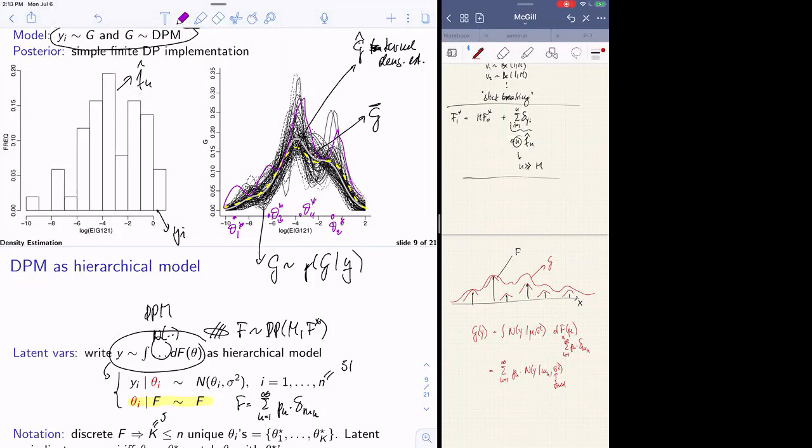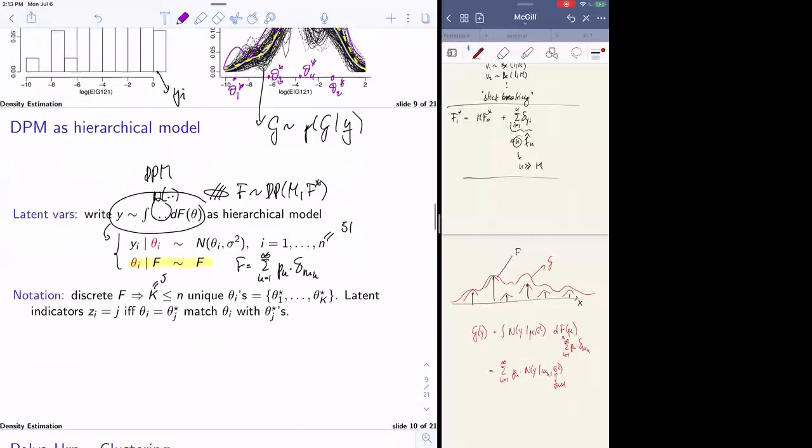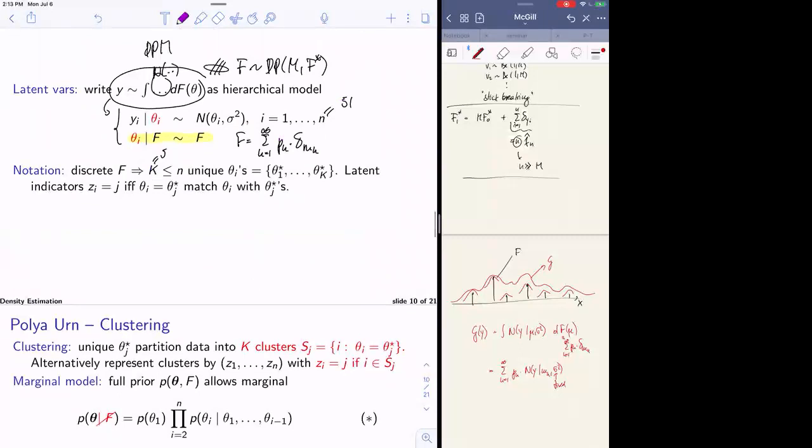I really only see a mixture of 4 distinct normal kernels, although in general it could be infinitely many. So of the latent theta i's that we introduced, maybe there are only 5 distinct ones. Let's call them theta 1 star through theta 5 star, the purple theta stars that I indicated sloppily on the previous figure.